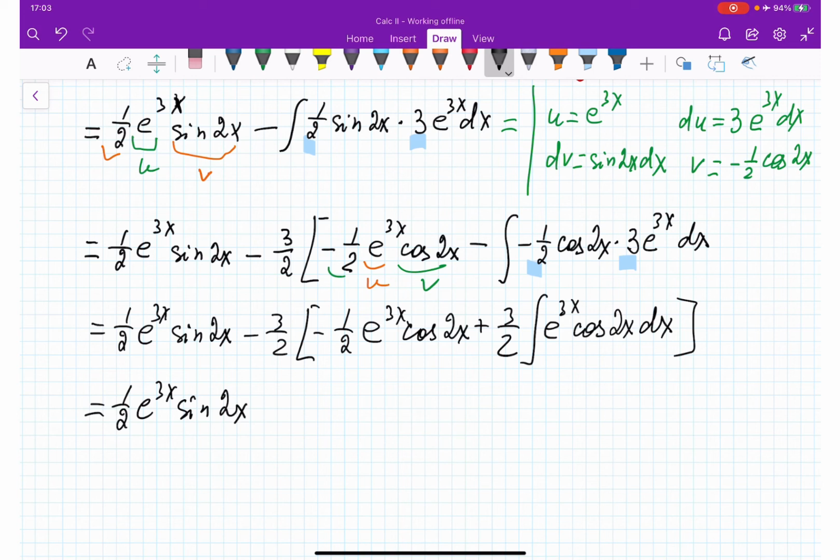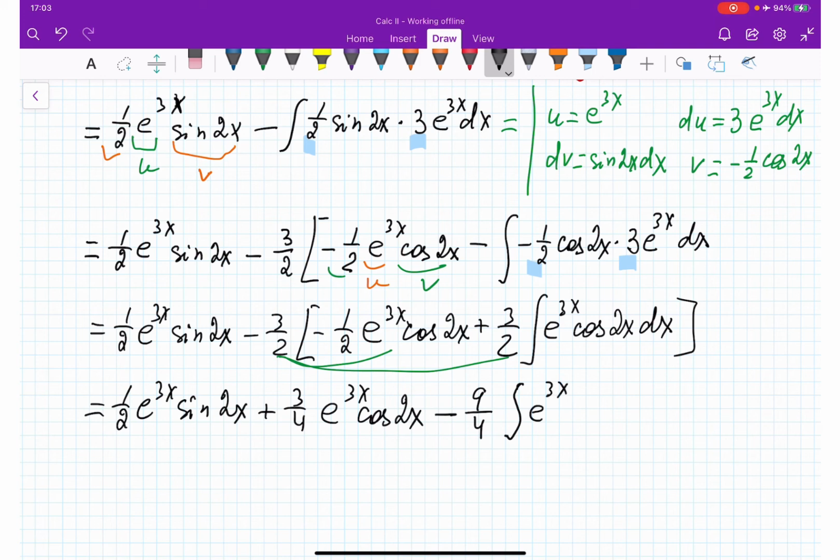Now I am distributing this negative 3/2 by here and here, and we are going to get plus 3/4, because I have negative 1/2, so it's going to get positive, e to the power 3x cosine 2x, and minus 9/4 integral e to the power 3x cosine 2x dx.